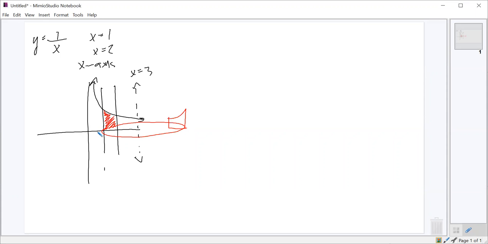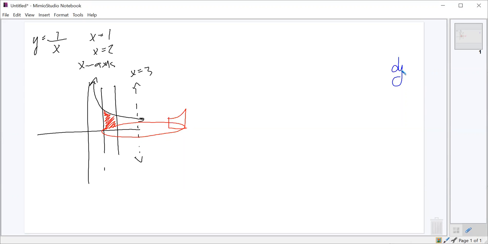Wonderful. Okay. So since we've revolved around a vertical axis, we're going to slice it horizontally, which means we're going to have a thickness of dy, which means that everything's going to have to be done in terms of y. And we need to note something as we're starting this one.